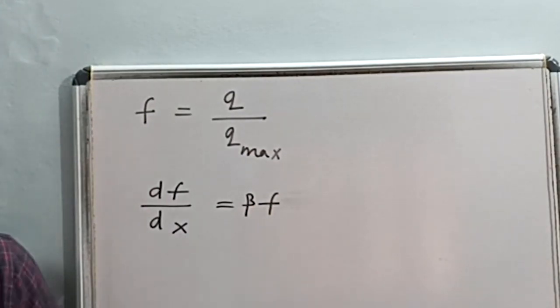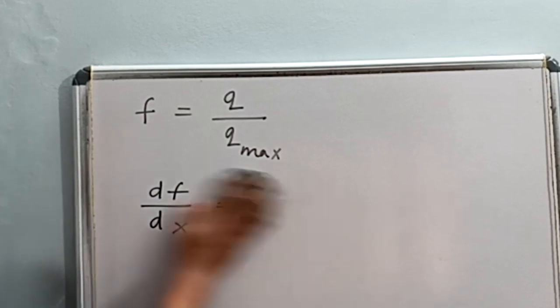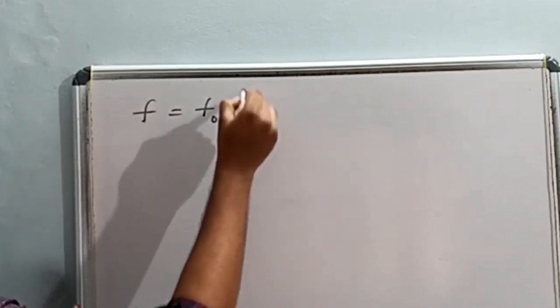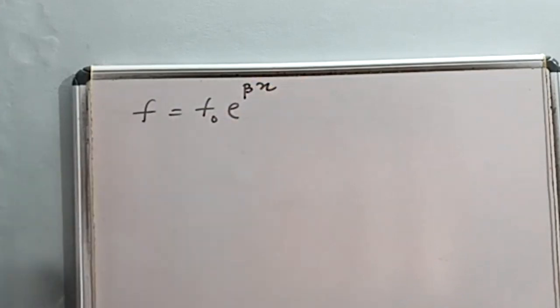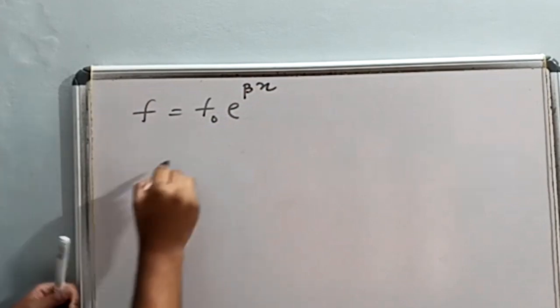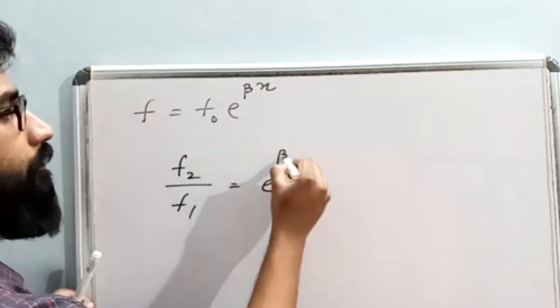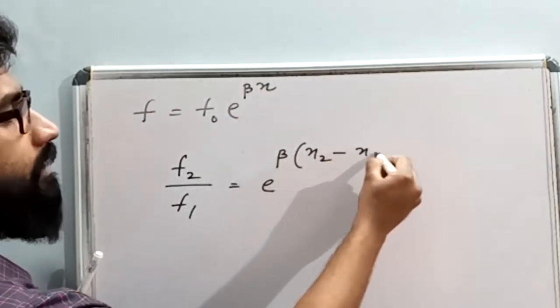For the equal percentage valve, you have a lot of equations to remember. Remember the equation F is equal to F naught into e power beta x. This is important. And we used to write F2 by F1 is equal to e power beta (x2 minus x1).